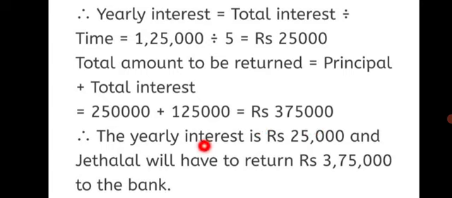So the yearly interest is rupees 25,000 and Jethalal will have to return rupees 3,75,000 to the bank. I hope you understood this sum. Here we have to find the yearly interest, for that we divide the total interest by 5, and then we add the 5 years interest to the principal to find the total amount that he has to repay to the bank.